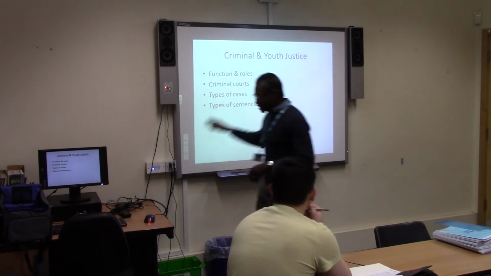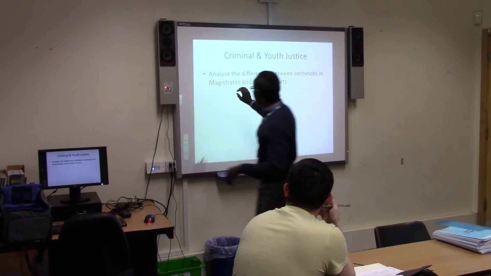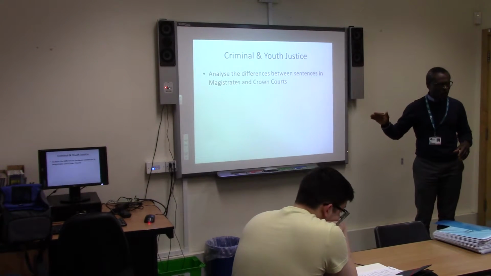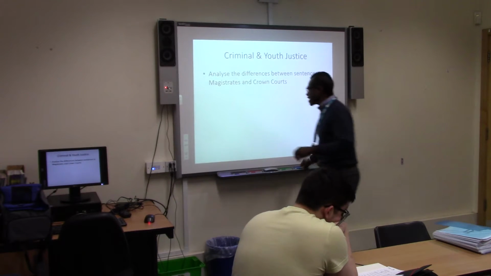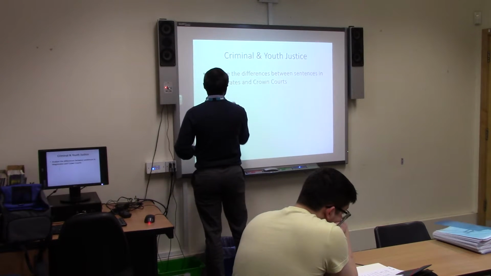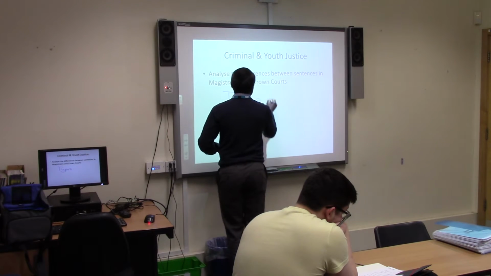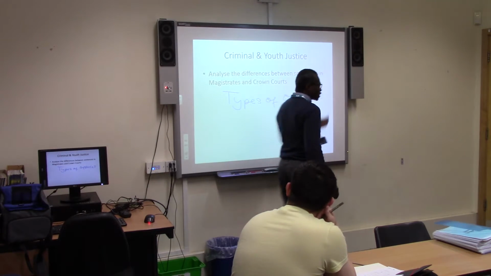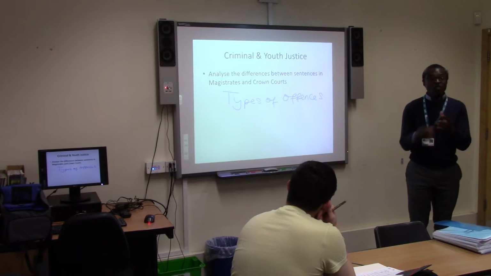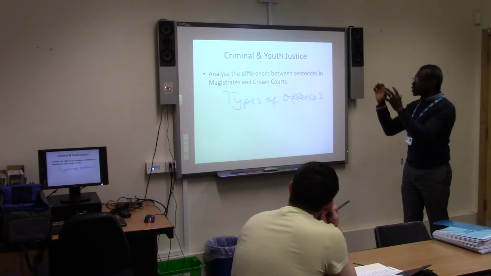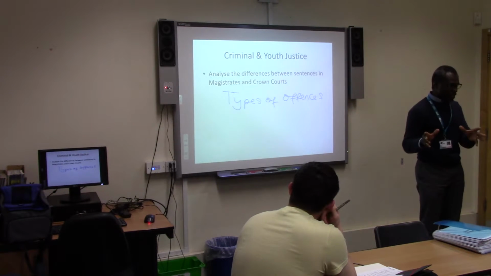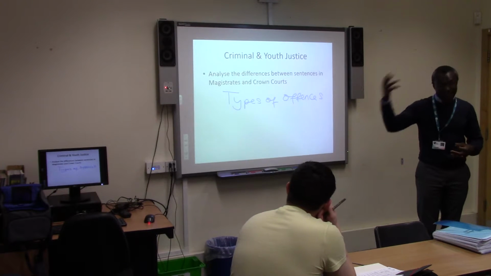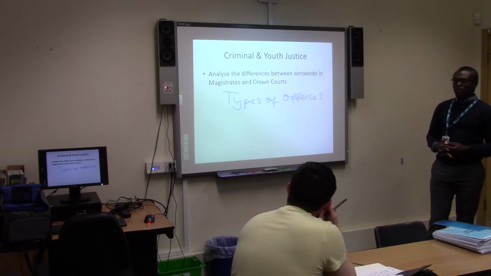Okay, right, so that's the function of the criminal courts. Next, analyse the difference between sentences in the magistrates' and the Crown Court. The key point here is to identify types of offences, because depending on the offence, it might be tried completely in the magistrates' court, or initially go through the magistrates' court and then eventually go up to the Crown Court.